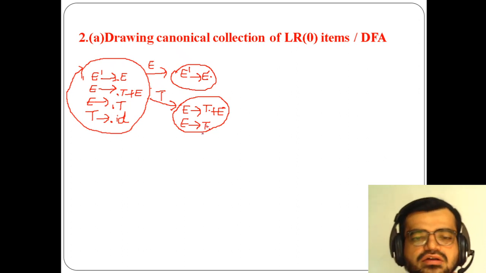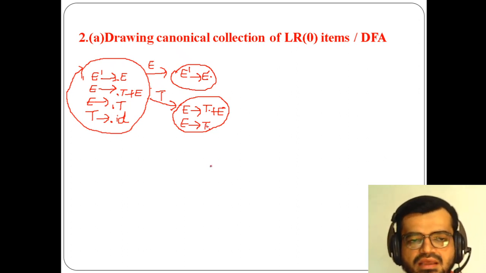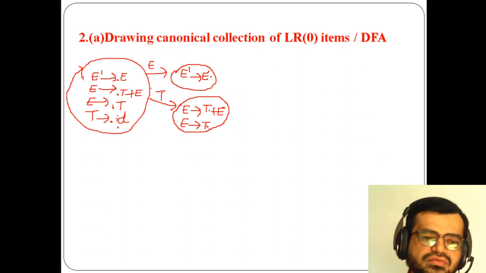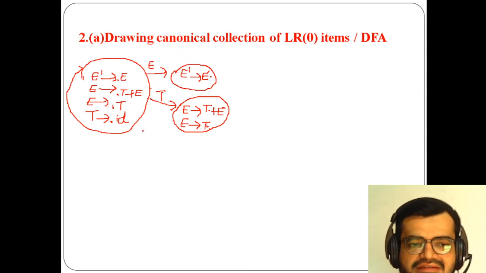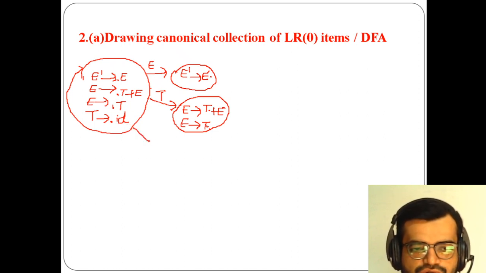Here it is T dot, E of T dot. Now what is the next thing I have to read further, what is available now? ID is available, because in the right hand side, what is available is ID. So here I am just using ID.